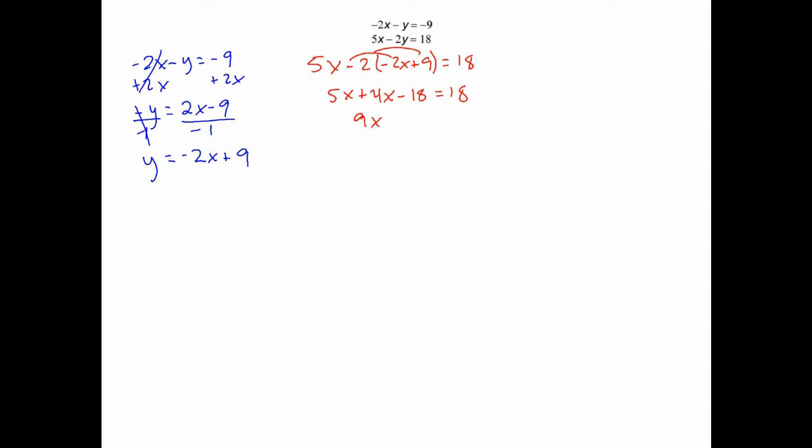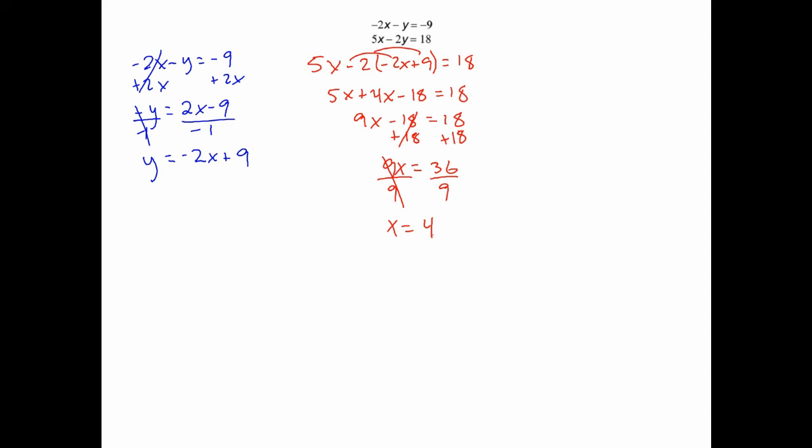So we're going to get 9x, combining like terms, minus 18 equals 18. Add 18. That's gone, so we get 9x equals 36. Divide by 9. X equals 4.